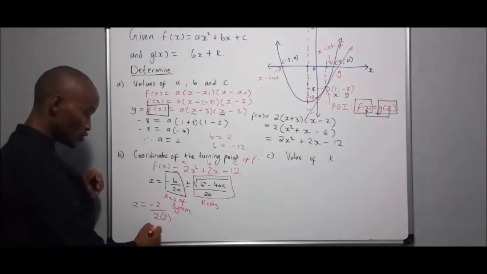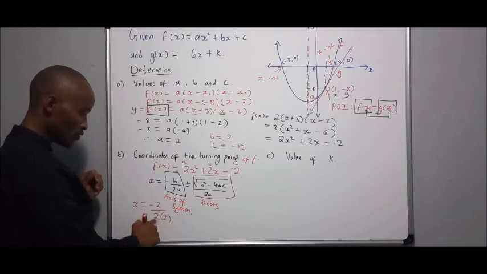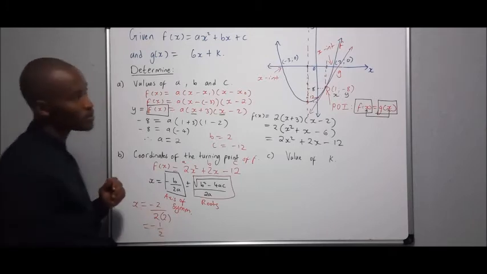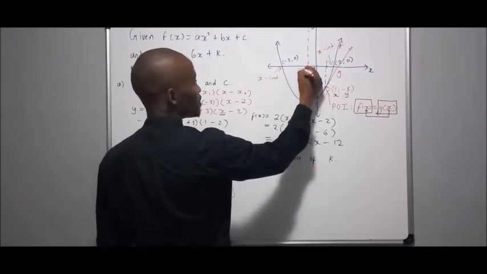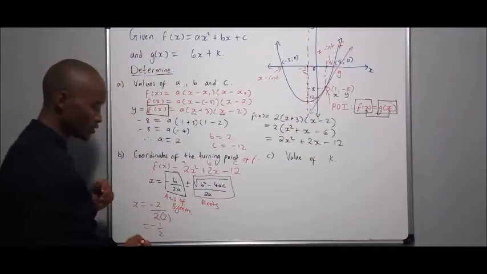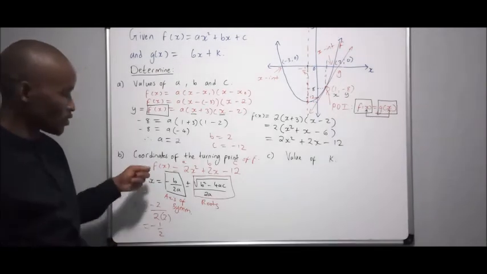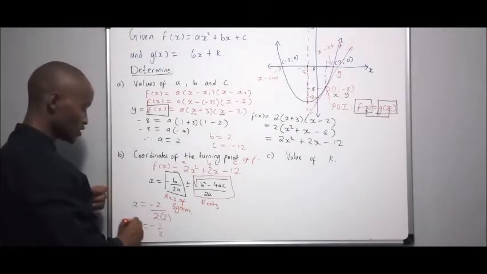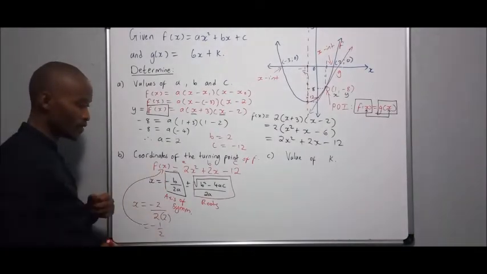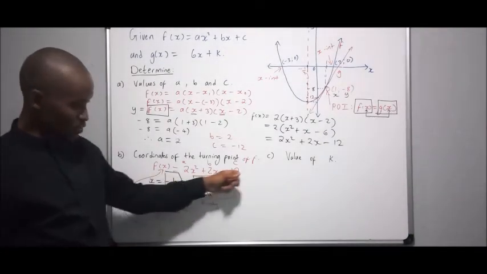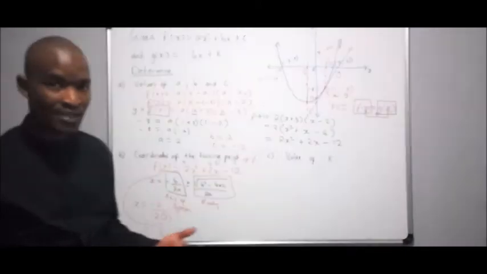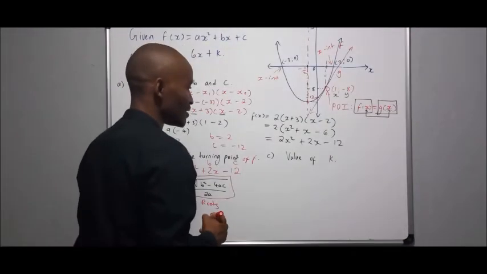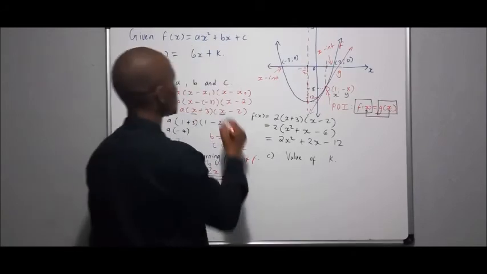It's 2. So it's 2 over 4, it's a half. So it's negative half. We expected this to be negative half. Good. How do we get the corresponding y value? You get it by substituting for x in this expression and getting the y value. I give it to you as homework. You'll do that later at your convenience.